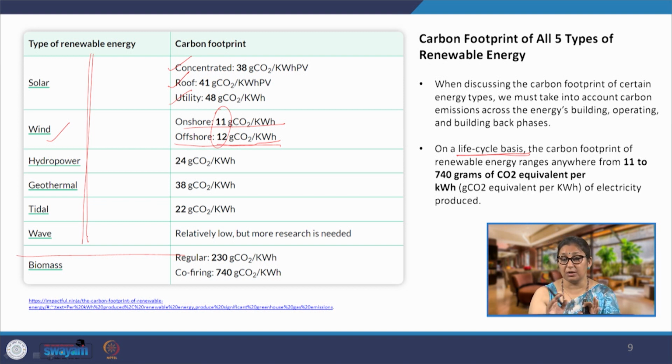And if the numbers are to be believed, if we are looking at hydrogen, where we are seeing the minimum or approximately coming to 20 to 50 kilogram of carbon dioxide equivalent, hydrogen would probably give us only 1 to 2 kilogram of CO2 equivalent of emissions per gigawatt hour.